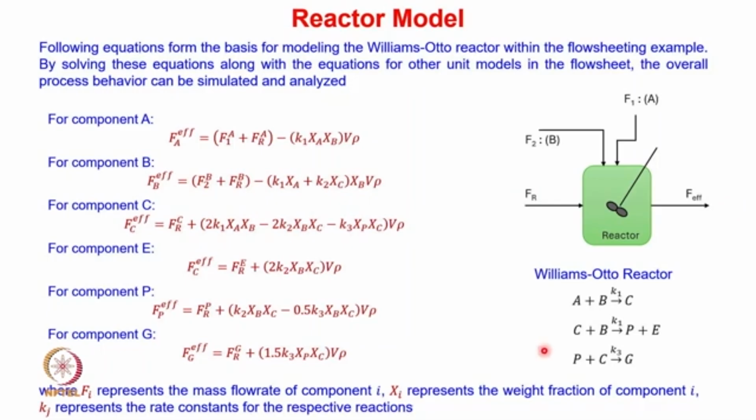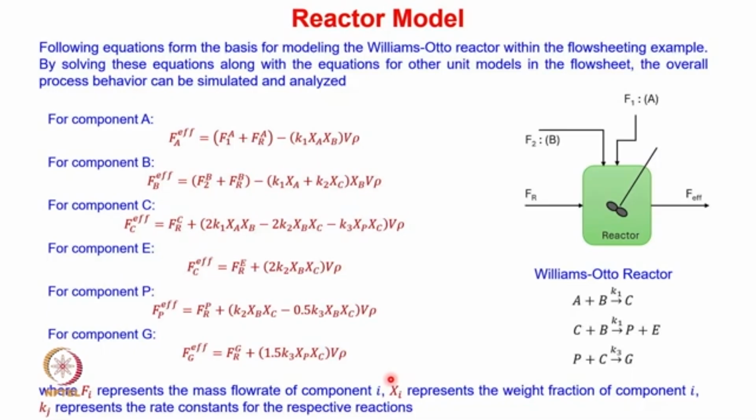In this case, we can write the mass balance for individual components. For component A, the mass flow rate of A in the effluent, Fa effluent, is given as F1A plus FRA minus K1 XA XB V into rho.